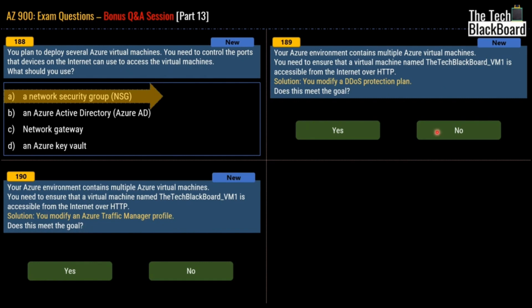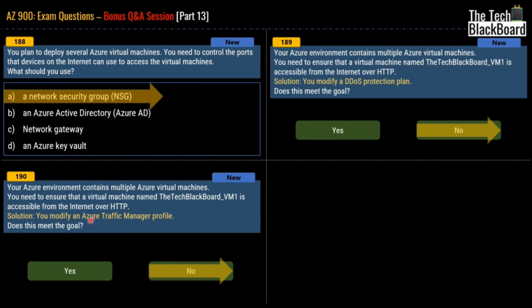The correct answer for question number 189 is no, and 190 is also no. This is because if you want to ensure that a virtual machine named TechBlackboard VM1 is accessible from the internet over HTTP, then you have to modify either a network security group or Azure Firewall.